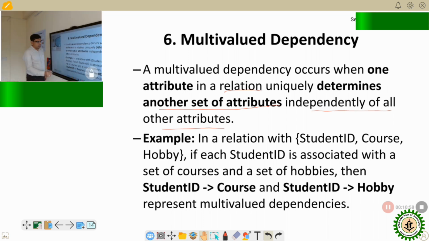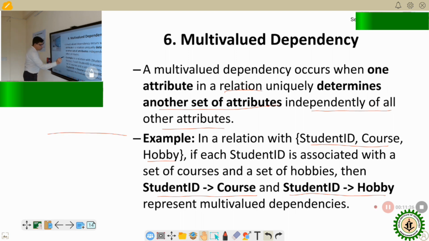In a relation with student ID, course and hobbies, three are there. Student ID to course and student ID to hobbies, these two are multi-value dependencies, because if student ID is 1, again student ID is 1, one student has multiple courses.